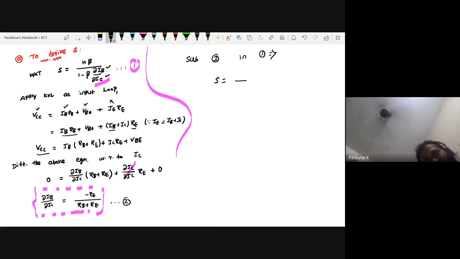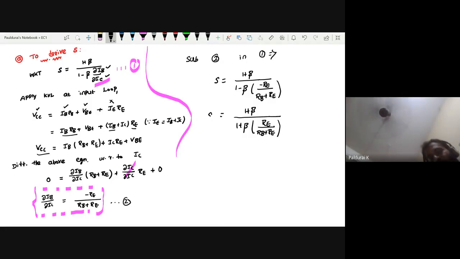S equals (1 plus beta) divided by (1 minus beta times the change in IB with respect to IC), which is minus RE divided by RB plus RE. This gives (1 plus beta) divided by (1 plus beta times RE divided by RB plus RE). So this is my stability factor. It's very important.